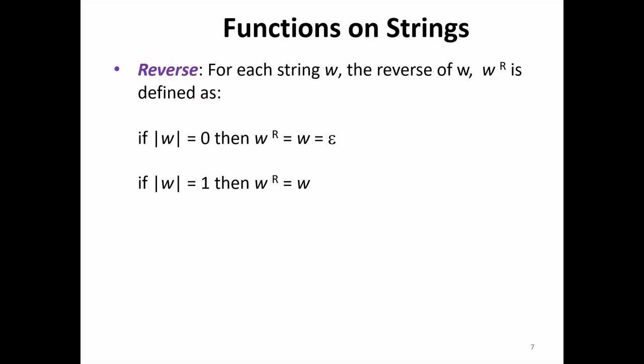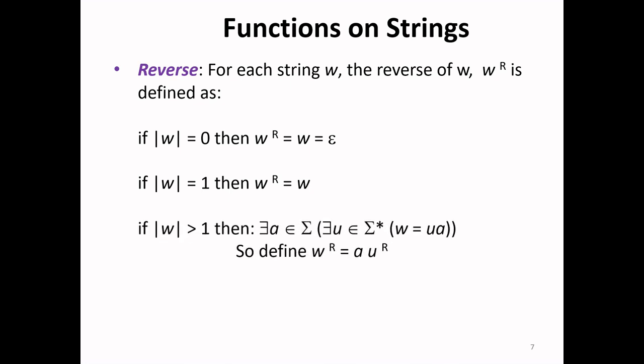For example, if W is equal to a, then W raised to R is also equivalent to a. But if the length of W is greater than 1, then for some a belonging to Σ and some u belonging to Σ star, the string W is equal to ua, and W raised to R is defined as a(u raised to R).